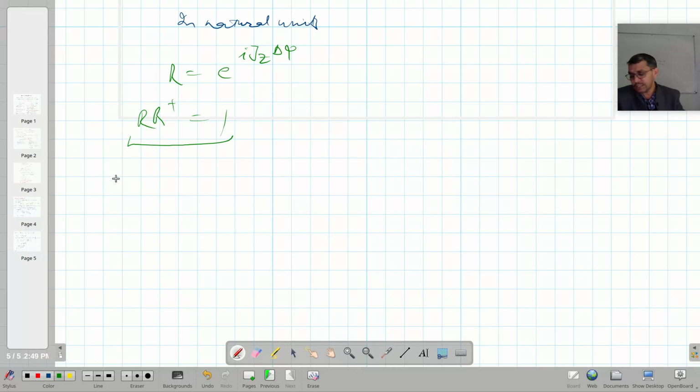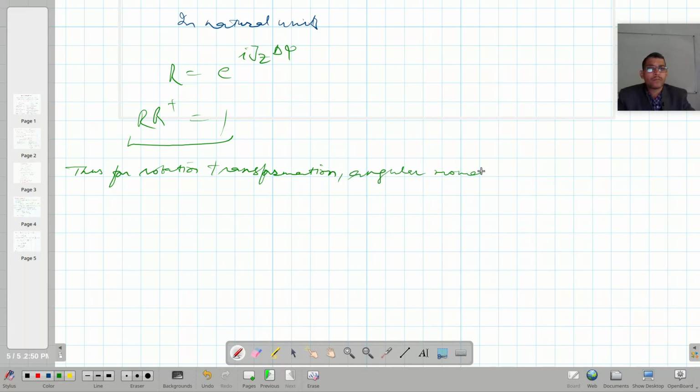So thus for rotation transformation, angular momentum is the generator of the rotation transformation.